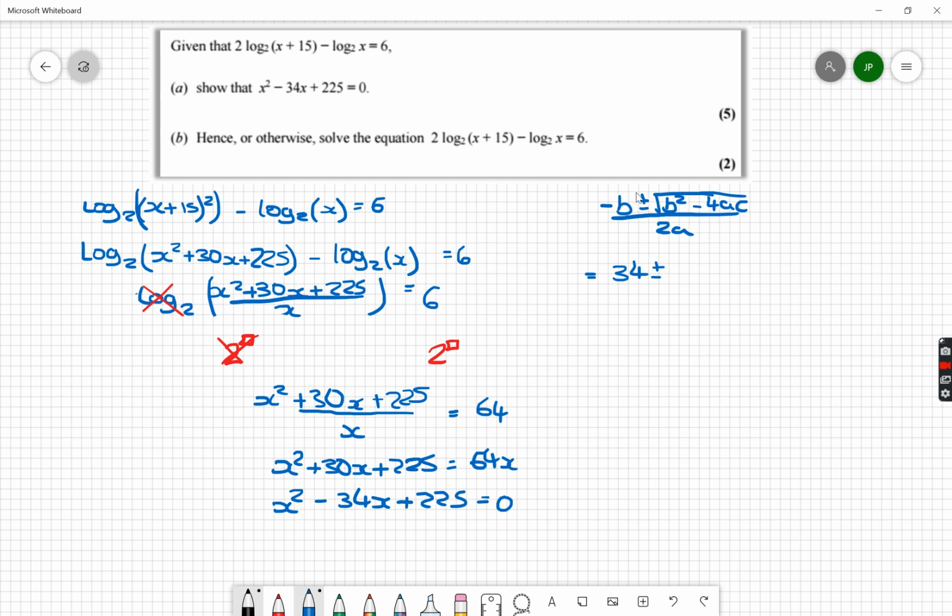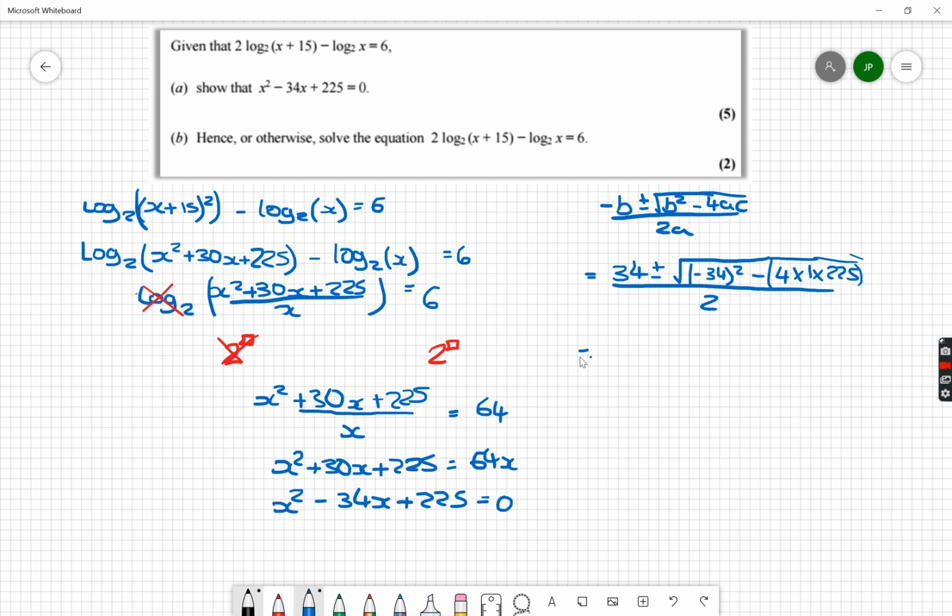So we have 34 plus or minus the square root of minus 34 squared minus 4 times 1 times 225, all over 2.